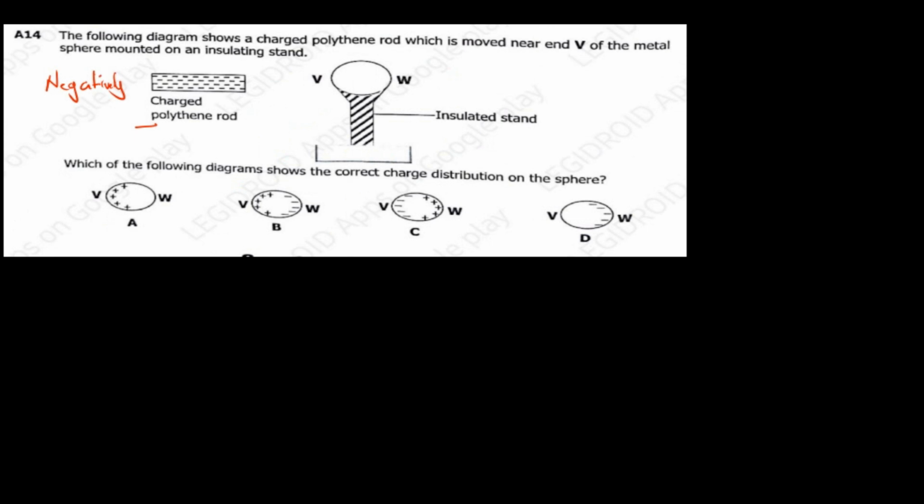You should know that every metal has sort of like a sea of charges within it. It has both positive and negative charges inside it, except they are not distributed on one side, where you have negative charge this side and positive charge this side.